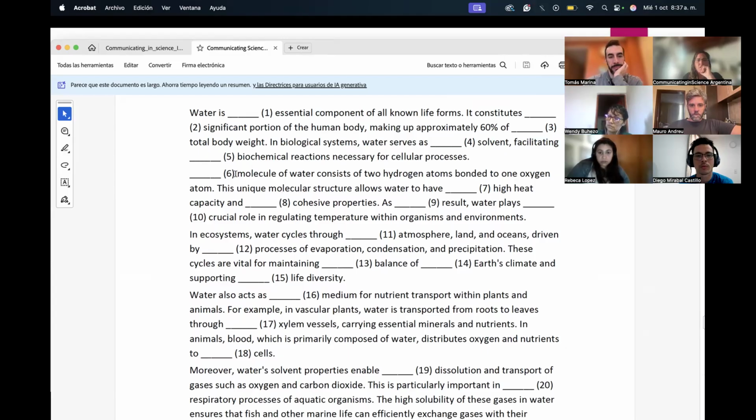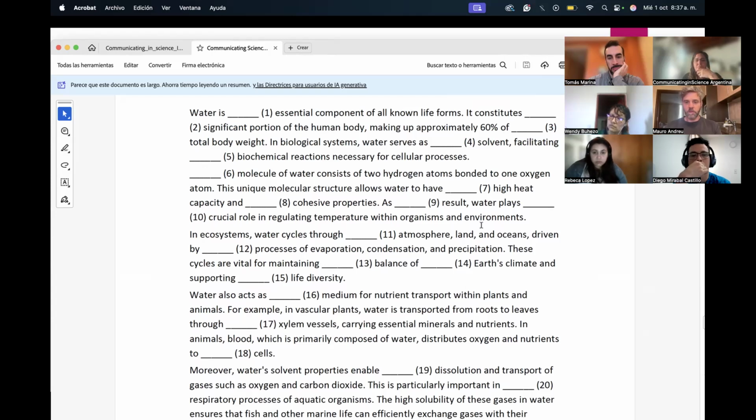Perfect. Who wants to go with the second paragraph? Yeah. A molecule of water consists of two hydrogen atoms bonded to one oxygen atom. This unique molecular structure allows water to have a high heat capacity and cohesive properties.